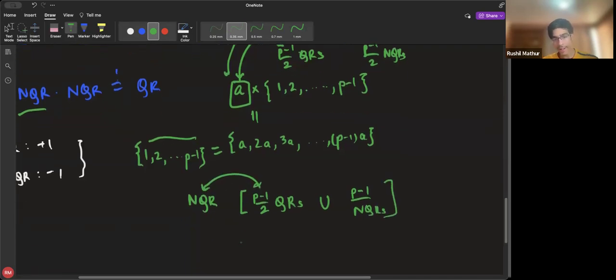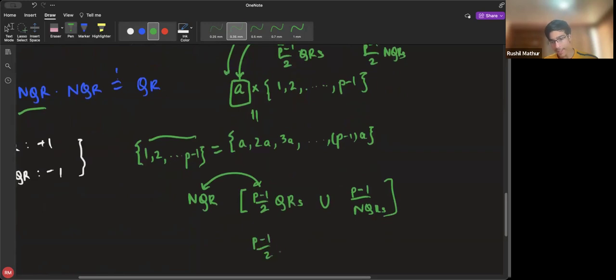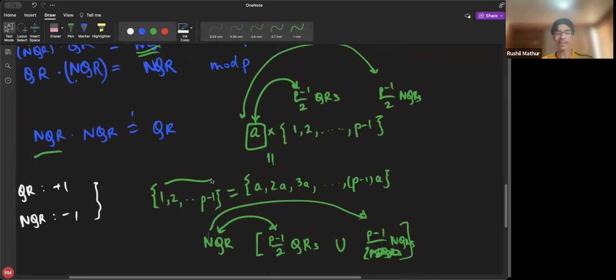This is going to lead to (p minus 1)/2 NQRs. But because there are exactly (p minus 1)/2 NQRs, everything else must be a QR. So this times this should always be a QR. So NQR times NQR is always QR.